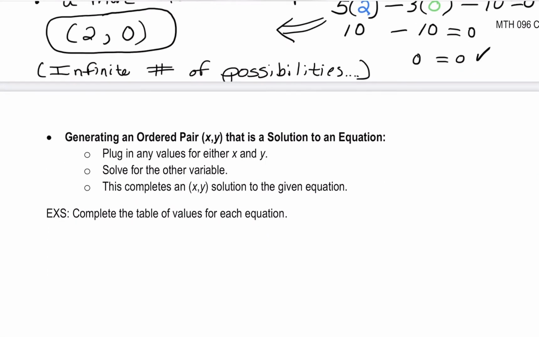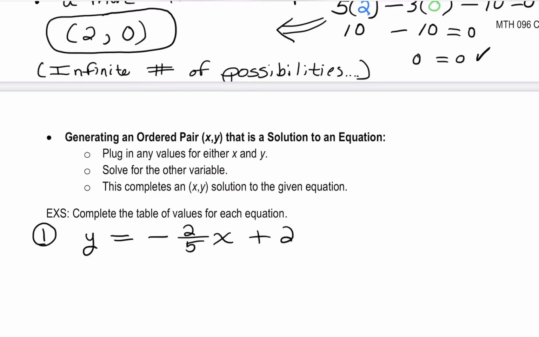In general, if we're trying to generate an ordered pair that's a solution to an equation, let's look at a different equation as we're talking through these steps. So let's say I had y equals negative 2/5 x plus 2. And I could pick any x I want or any y I want, and I can solve it for the other value.